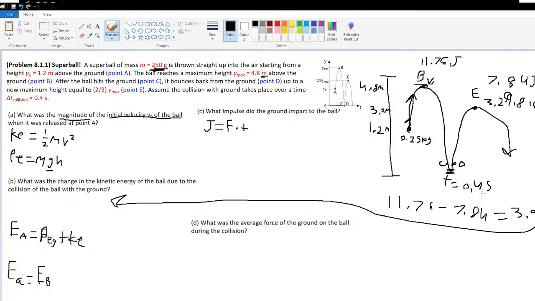So we know that the impact lasts for 0.4 seconds, and the net energy loss is, oh god, my brain is melting. Give me 2 seconds. What? No, it's not that simple. My bad.